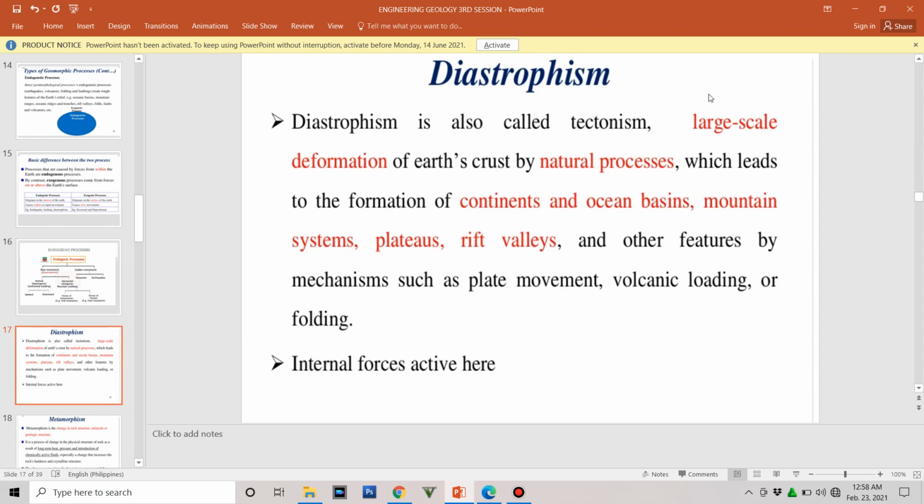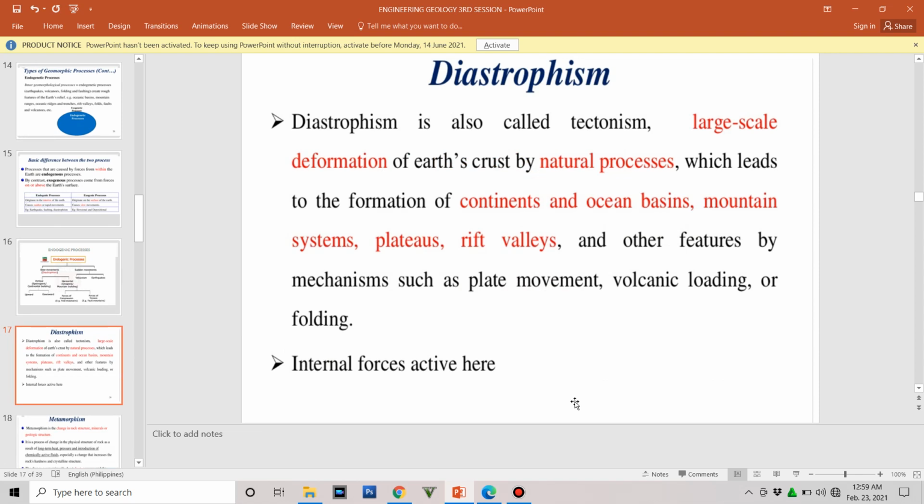So let me describe here the first process under endogenetic processes. So first, we have the diastrophism. So actually, na-discuss na natin to. It is just a process, yung faulting and folding.